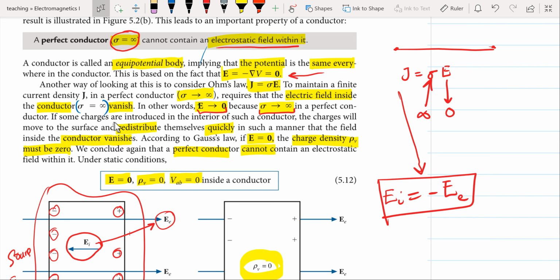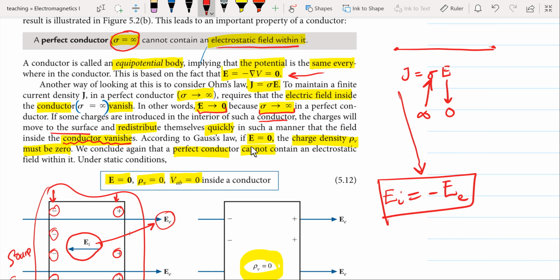Therefore, if some charges are introduced in the interior of such a conductor, the same process happens. The charges will accumulate on the surfaces, the positive towards this side, and the negative towards that side. They distribute themselves very quickly in such a manner that the field inside the conductor will vanish again.